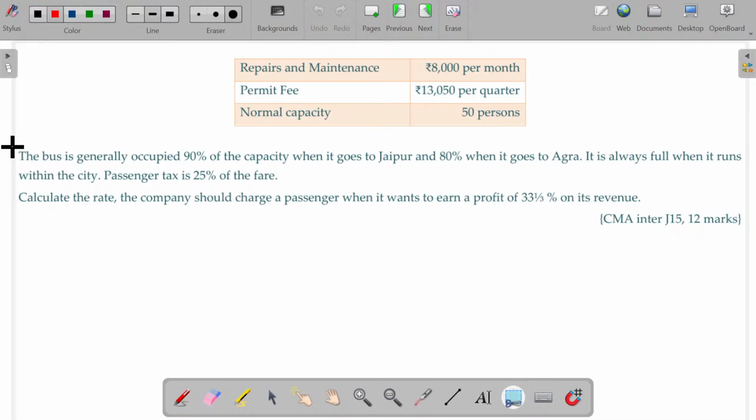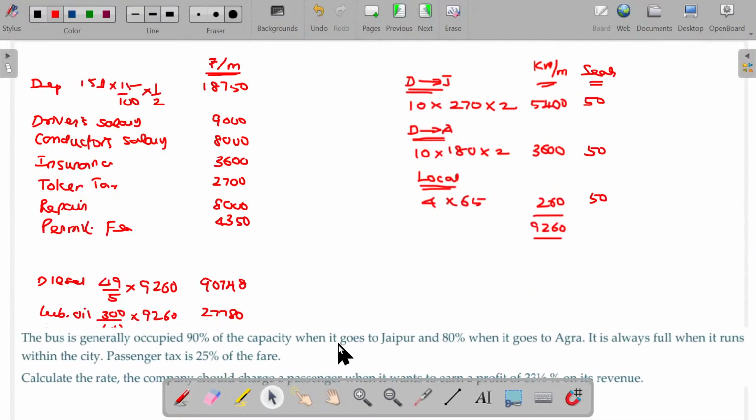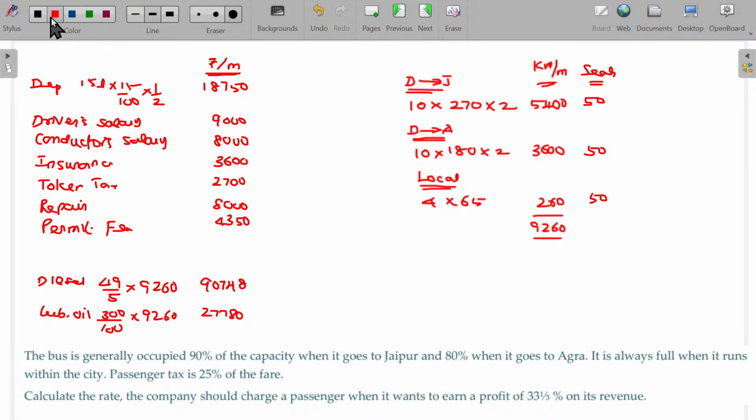And finally, the bus generally is occupied 90% of the capacity when it goes to Jaipur. In Jaipur, occupancy only 90%. In case of Agra, 80%.